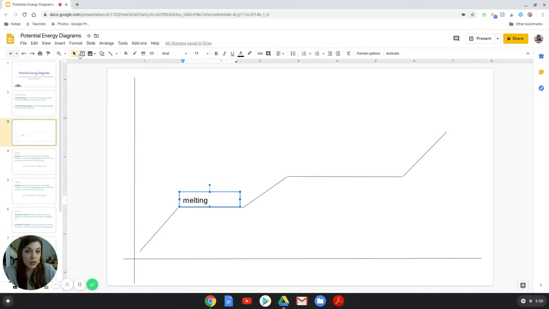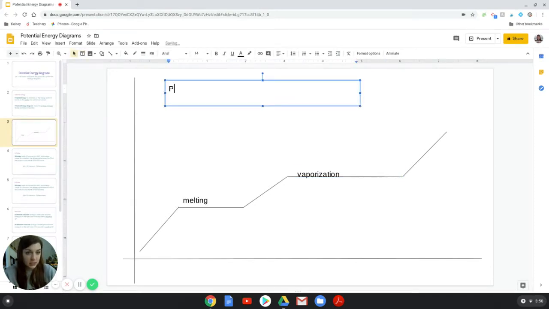If we look at going from a liquid to a gas in vaporization, that is also a phase change. This is a heating curve, and it is used for physical changes. And those physical changes are specifically phase changes. And that's not what I'm talking about here. Just want to make it clear that they're two separate things.